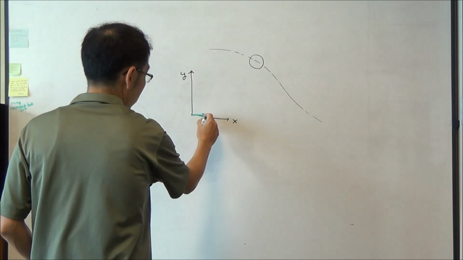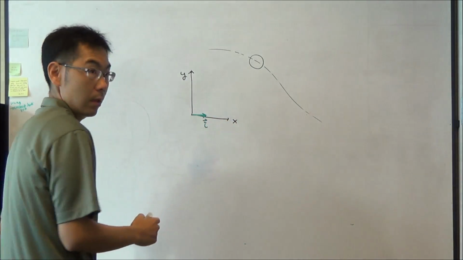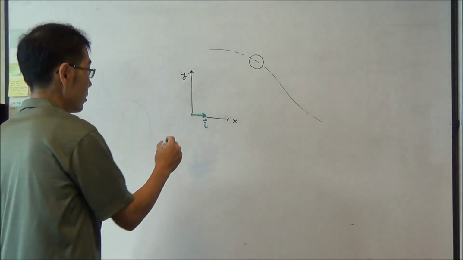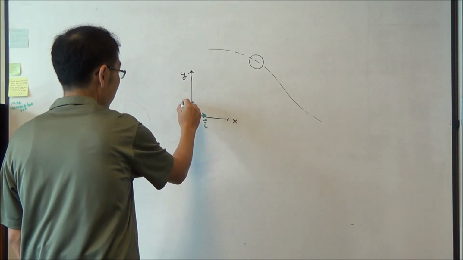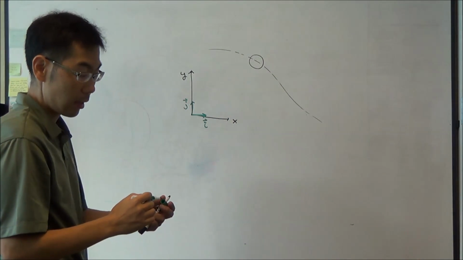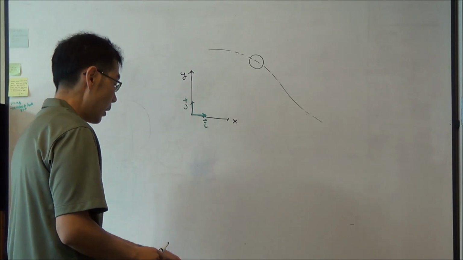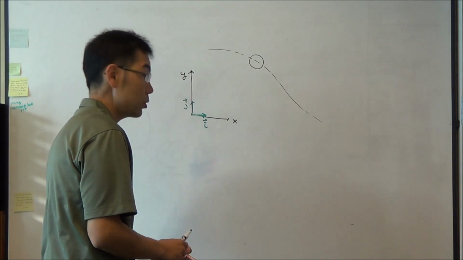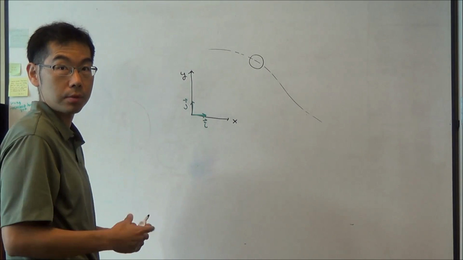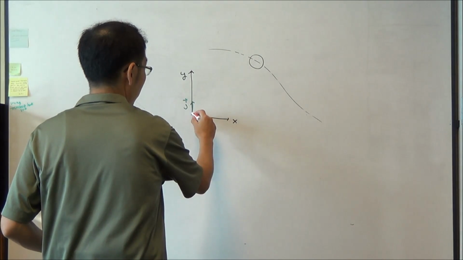This is unit vector i pointing along the x-axis, and unit vector j pointing along the y-axis.